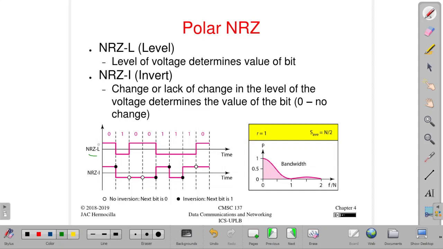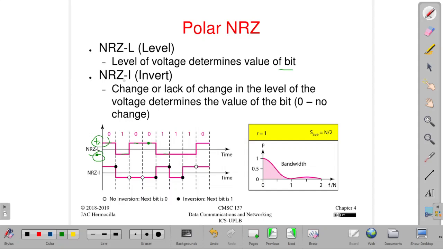The level here is positive, this is positive, this is negative. So 0 is positive, 1 is negative, 0 positive, 0 positive, 1 is negative. So it is the voltage level that determines the value of the bit.